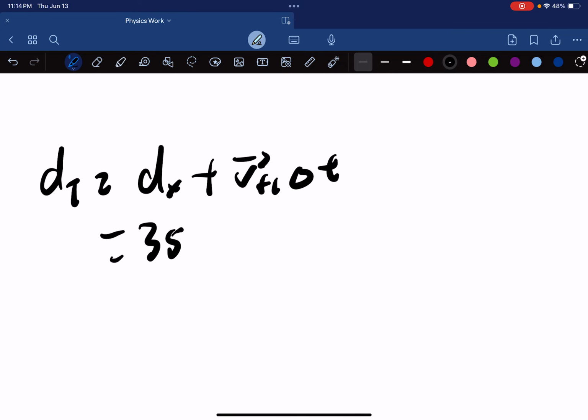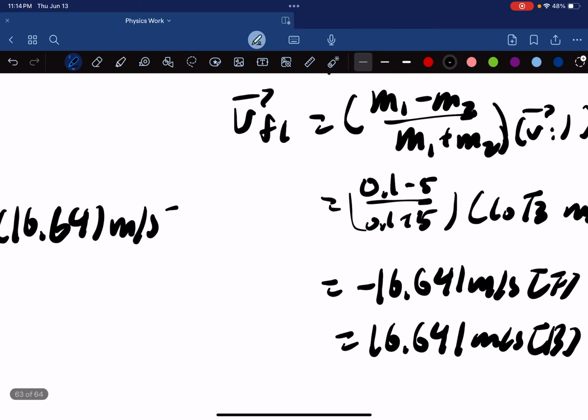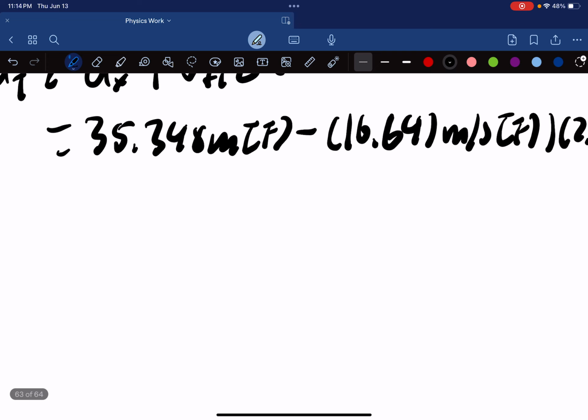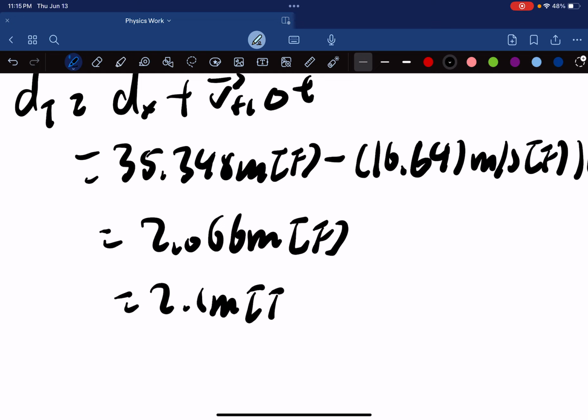So that's 35.348 meters forward, plus 16.641 meters per second forward, times 2.0 seconds. This will eventually equal 0.66 meters forward, which then rounds to 2.1 meters forward.